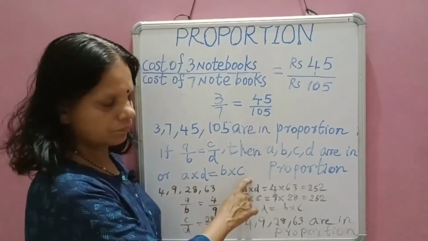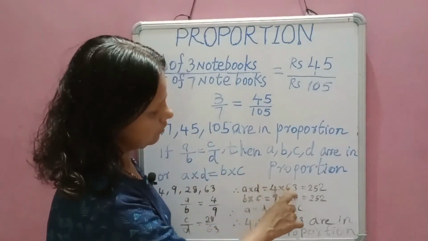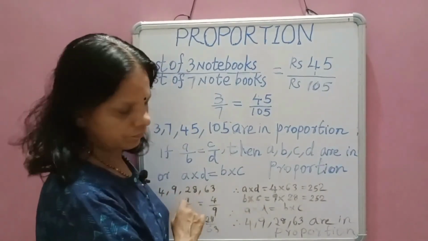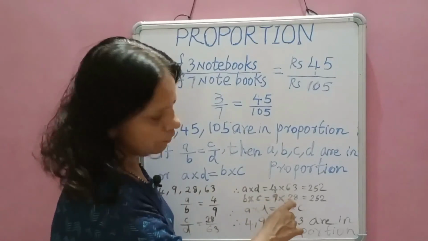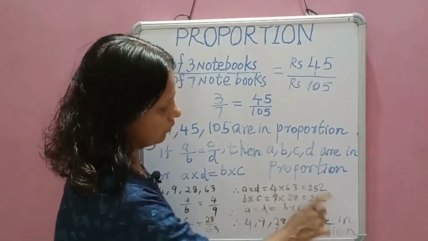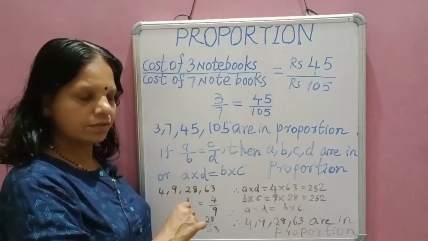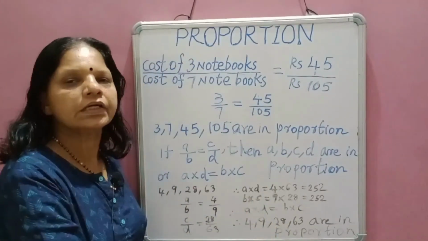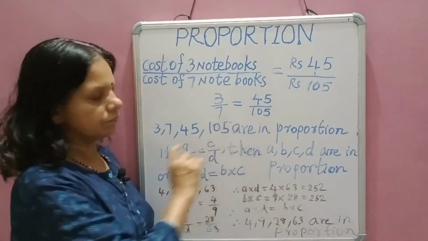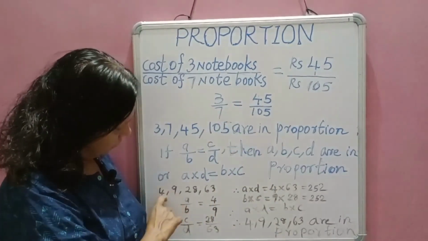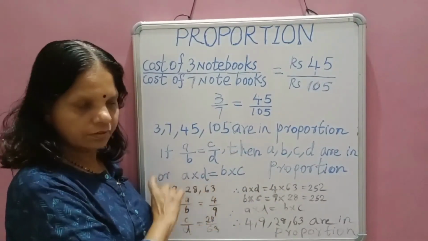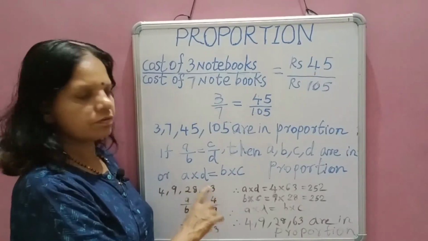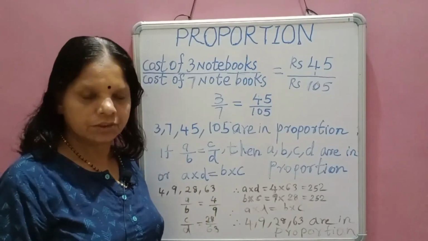Find A into D. That is 4 into 63, we got 252. Then find B into C. 9 into 28, again we got 252. What does it mean? A into D equals B into C. Therefore, A, B, C, D are in proportion. Therefore, in this order only you have to say, 4, 9, 28, 63 are in proportion.